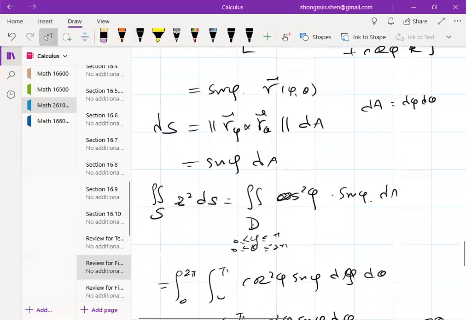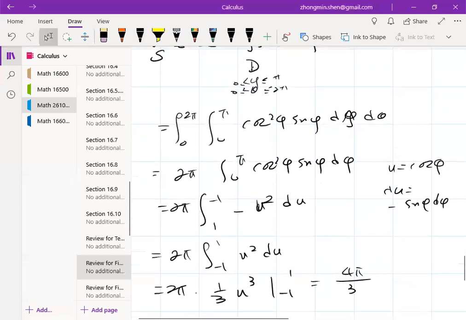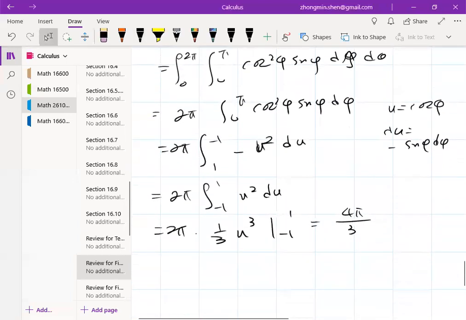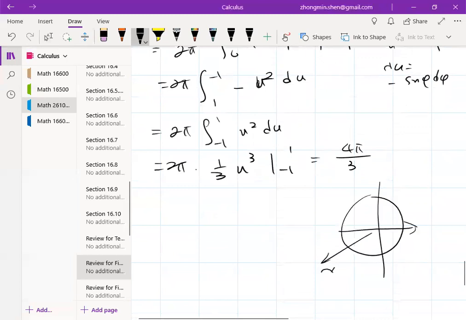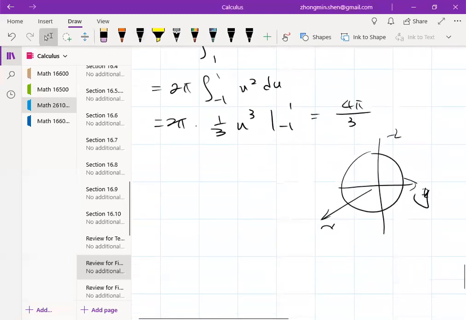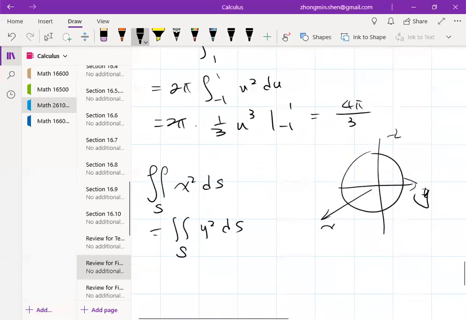But if I put z squared there, I think there was a trick to solve the problem, because of the symmetry around the sphere. In my opinion, the surface integral of x squared dS is equal to the surface integral of y squared dS, which is equal to the surface integral of z squared dS.